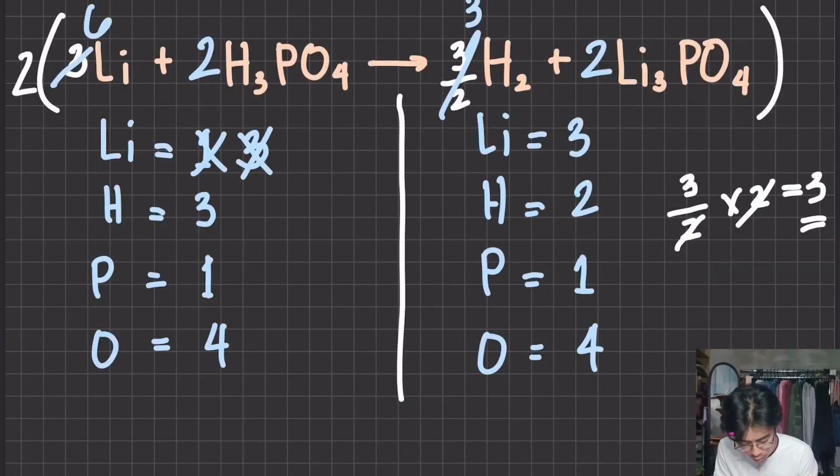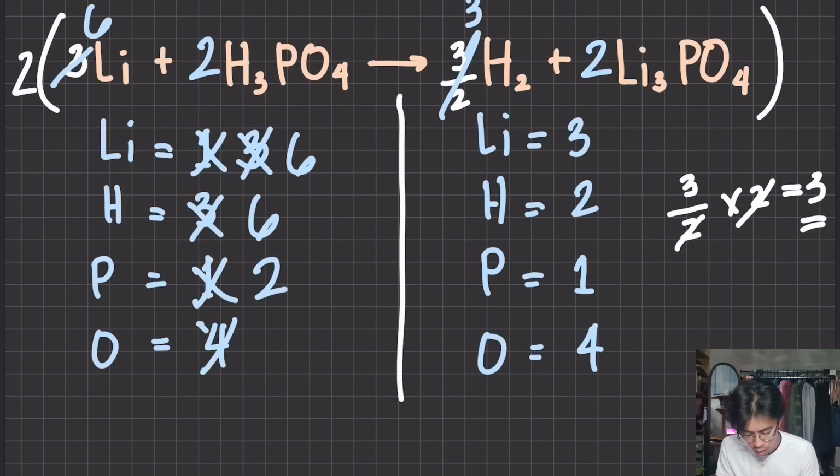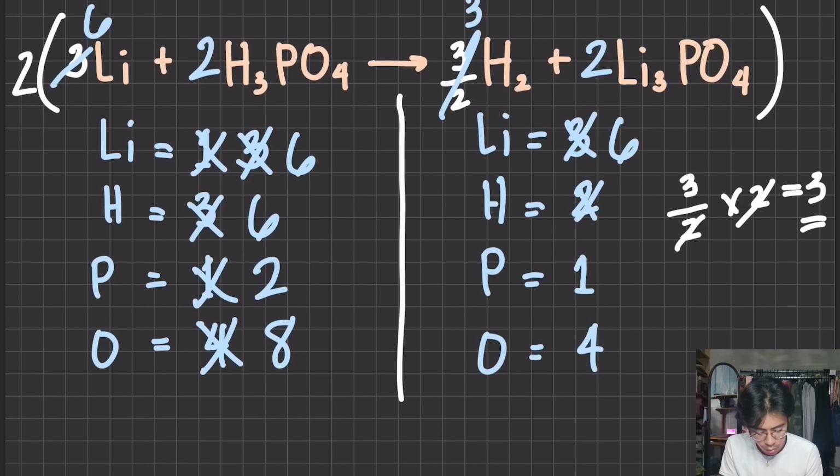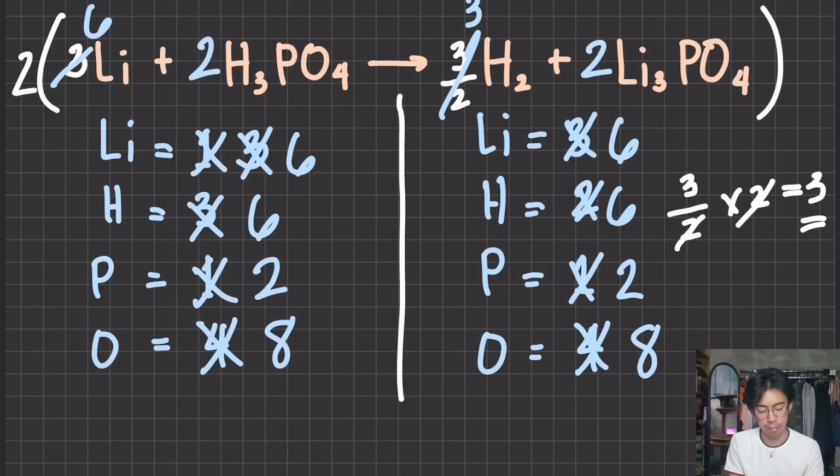Lithium will be equal to 6, hydrogen will be equal to 6, phosphorus will be equal to 2, oxygen will be equal to 8 on the reactant side, and on the product side, lithium will be equal to 6, hydrogen will be equal to 6, phosphorus will be equal to 2, and oxygen will be equal to 8.